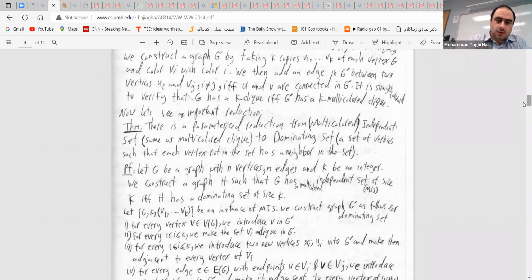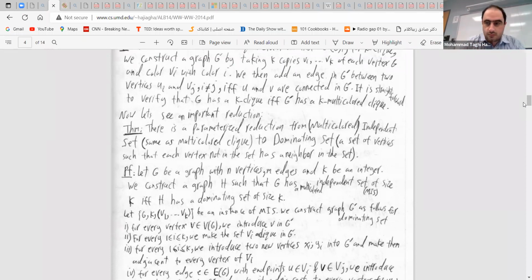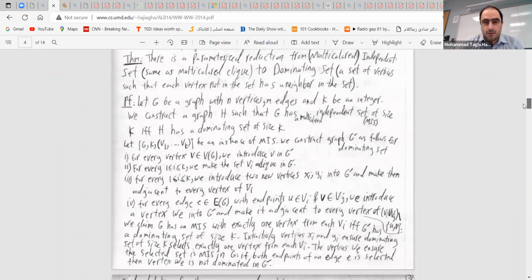So here we want to give a parameterized reduction. Let me bring it up. Good. So we want to say there is a parameterized reduction from multicolored independent set, which is the same as multicolored clique, to dominating set. So that's a very important reduction. What is a dominating set?